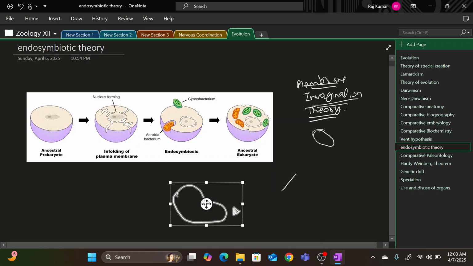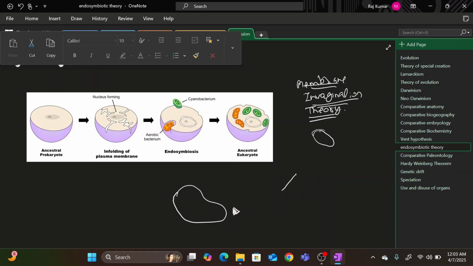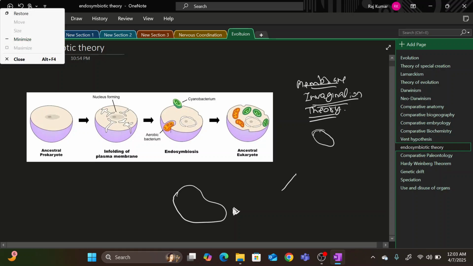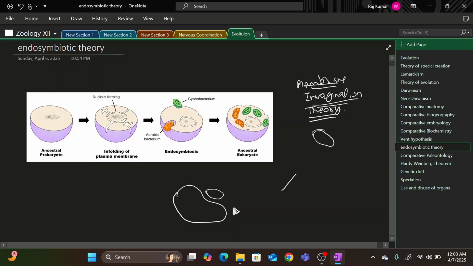Alright, so what it actually did was form a membrane around it.